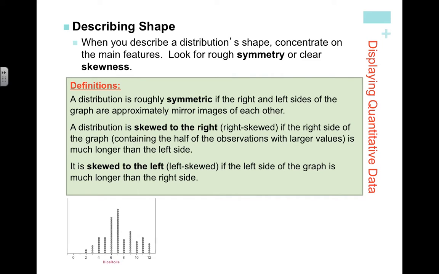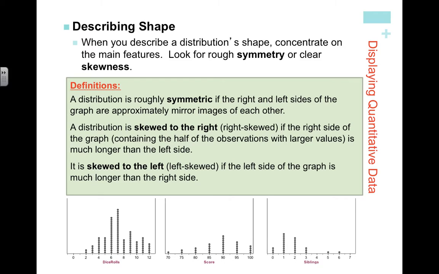So let's take a look at what that may look like. Okay. So that first graph down here, again, not perfectly symmetric, but we can definitely describe this graph as being roughly symmetric.